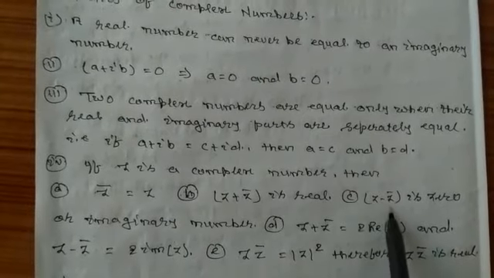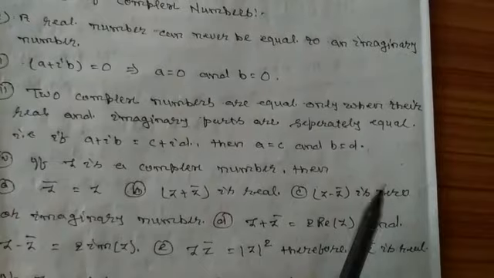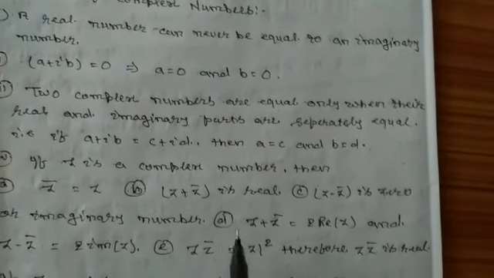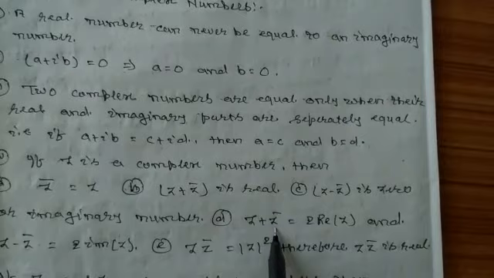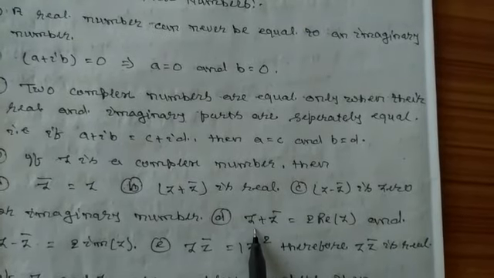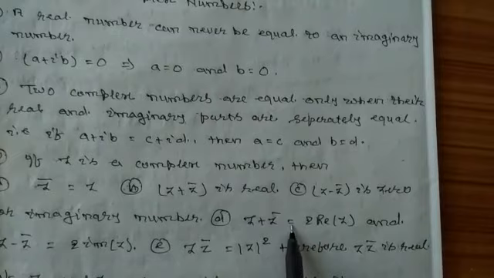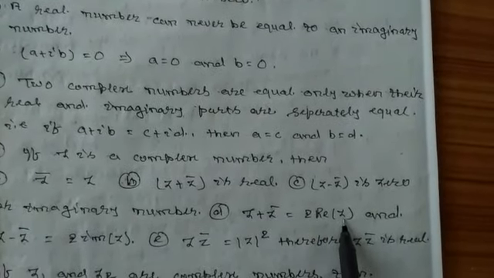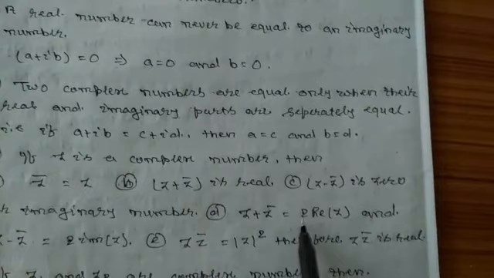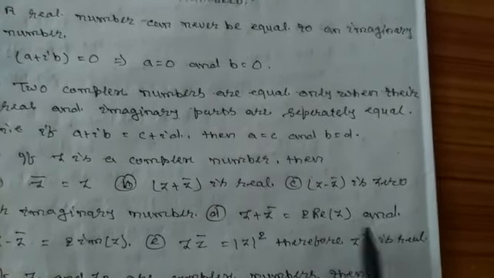That is, z minus z bar is either 0 or imaginary. Similarly, when you add z plus z bar, that is the sum of a complex number and its conjugate, it becomes twice the real part of the complex number z.